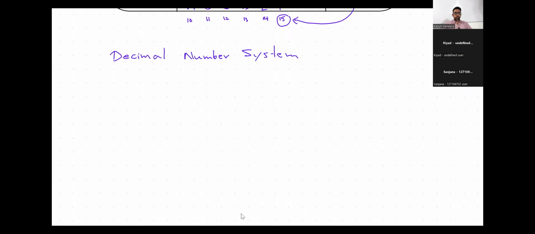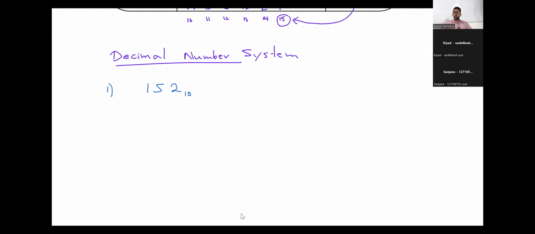For example, I'm going to take one number, which is 152. In this lesson, as we are dealing with different number systems, we have to identify each and every number uniquely. Therefore, we use the base number to represent every number. Even though it's a decimal number, we have to put base 10. So 152 base 10 is the example number we're going to take.